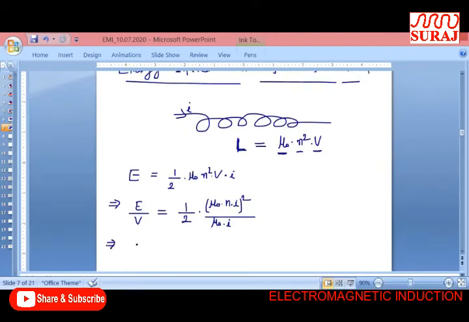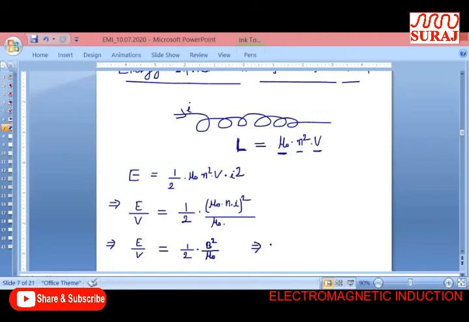If you see, this mu naught N I, what is this? Mu naught N I is the magnetic field in the center of the solenoid.